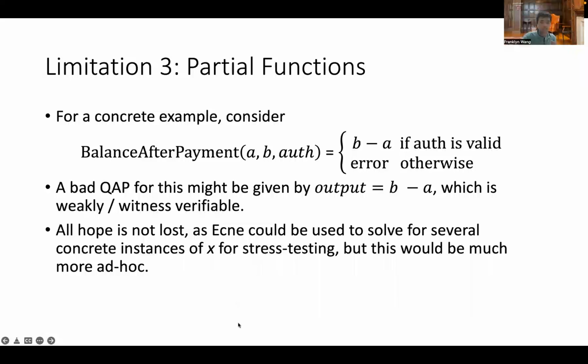So earlier you asked me about witness and output and weak verification. Why is it important that we have witness verification over weak verification? That's because witness verification means we can actually calculate the witness just given this QAP.